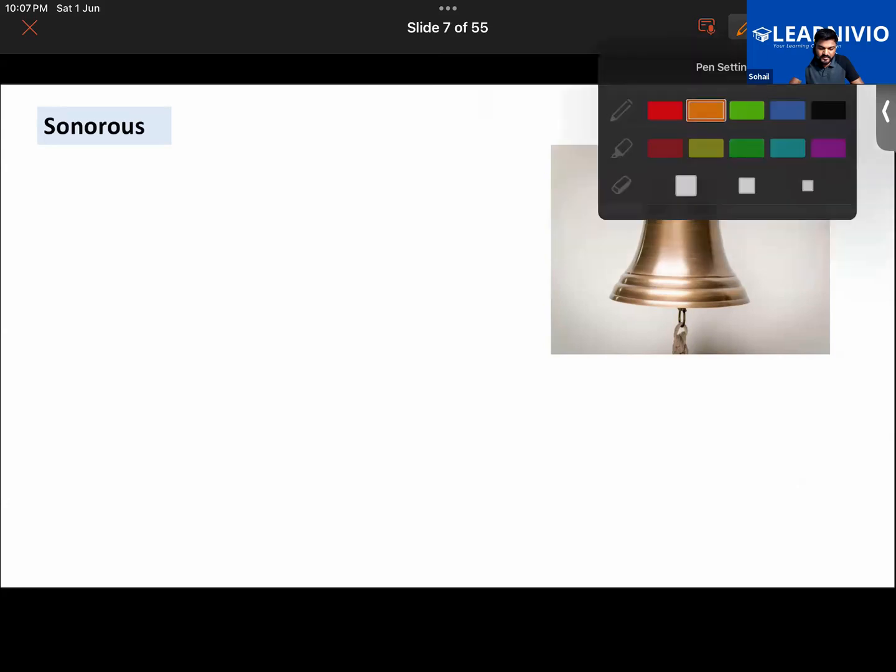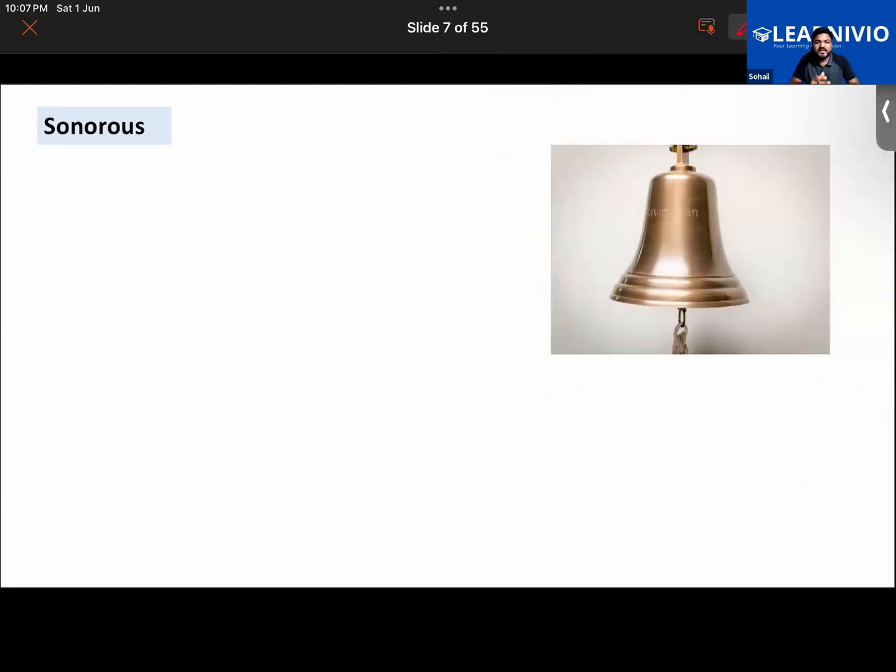Basically we see that they make a ringing sound when we strike them. Sonorous basically means capable of producing a sound, not just a normal sound, but capable of producing a ringing sound.